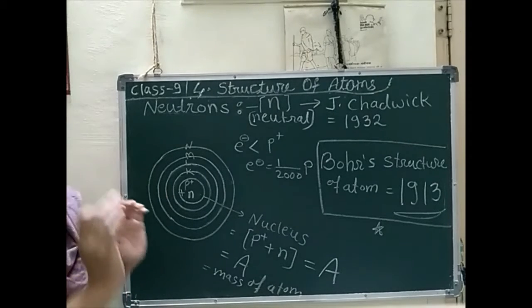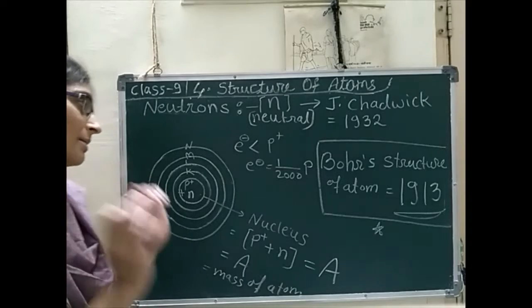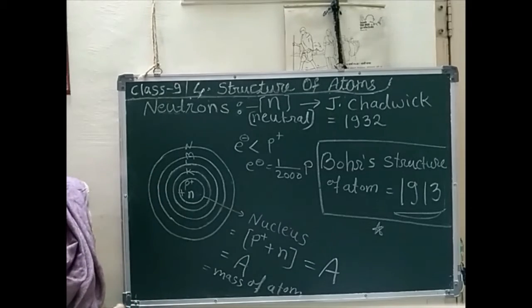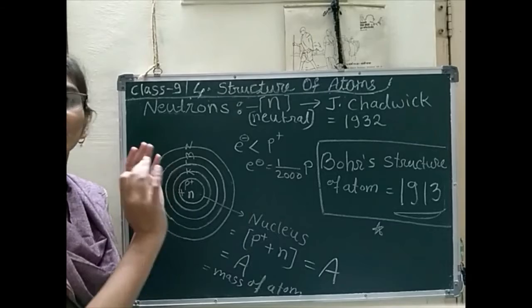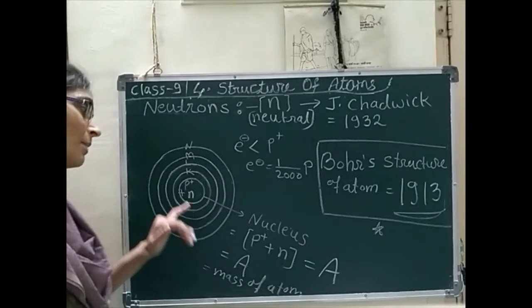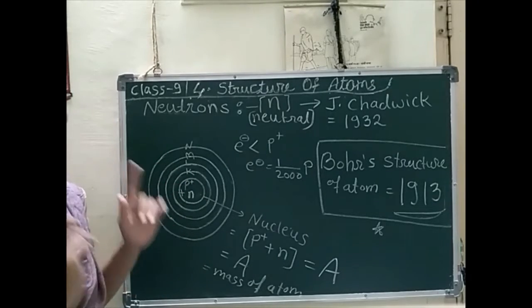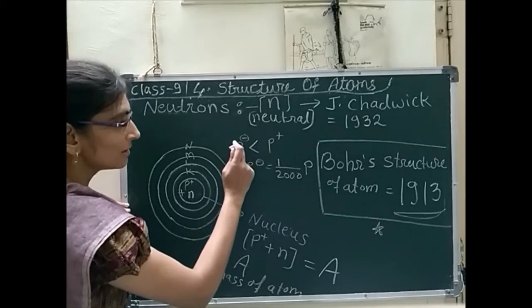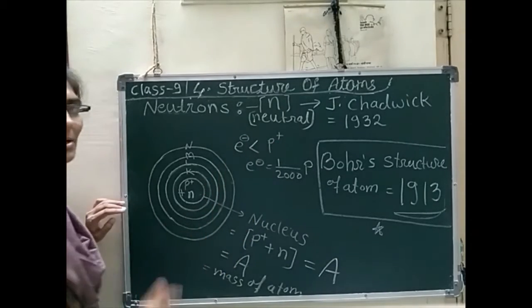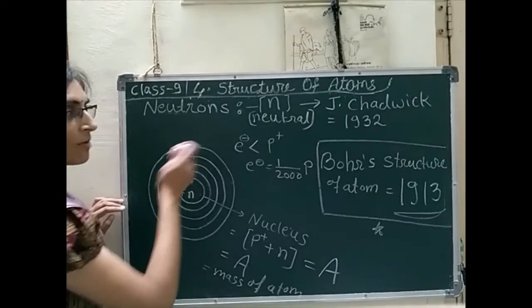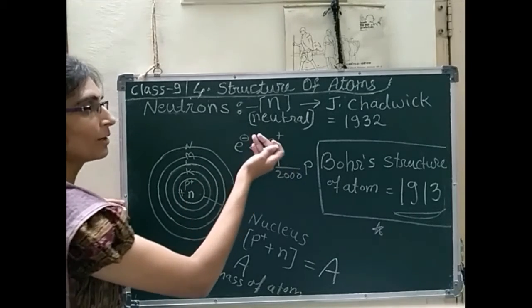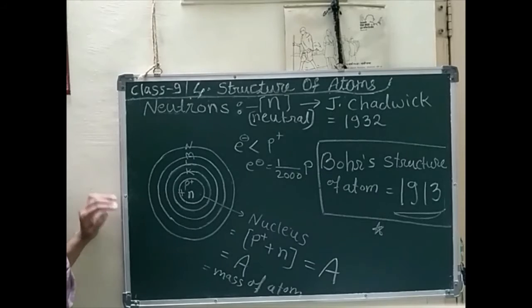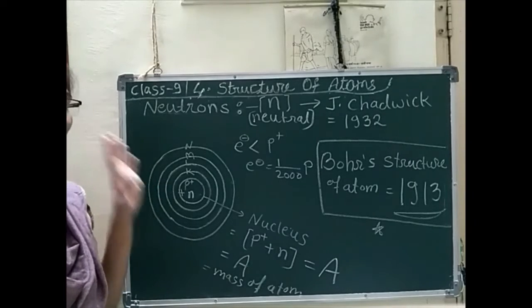If the number of electrons is 2, the number of protons must also be 2. Whatever the number of electrons, it is equal to the number of protons present inside the atom.